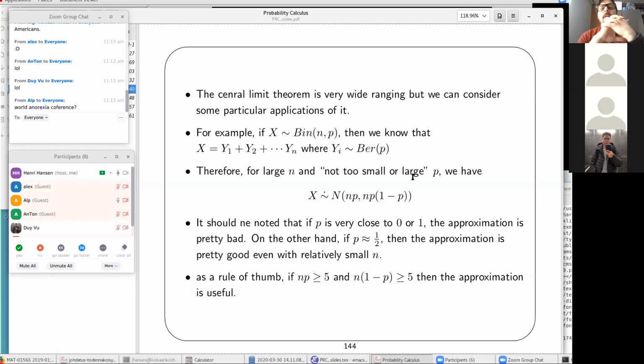Here's an example. One example is the binomial distribution. We have n Bernoulli distributed variables. So these have 0, 1 outcomes and probability p.